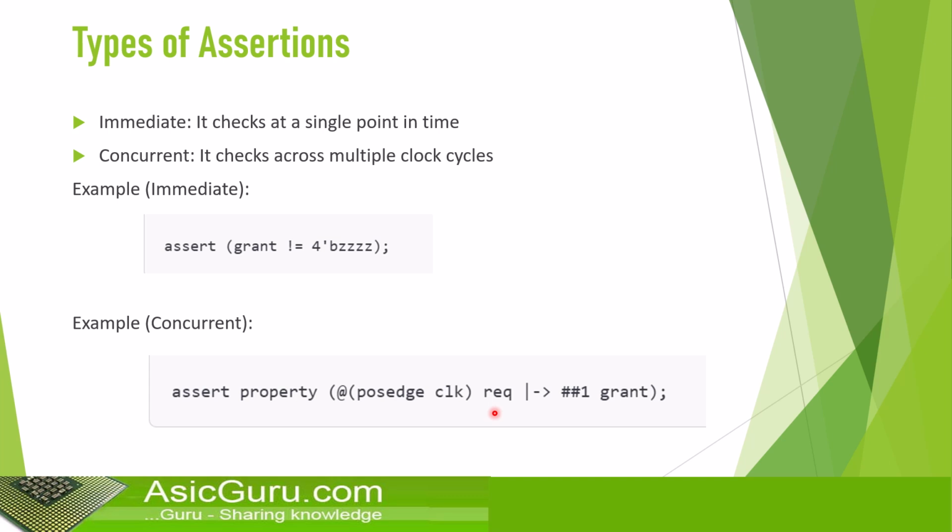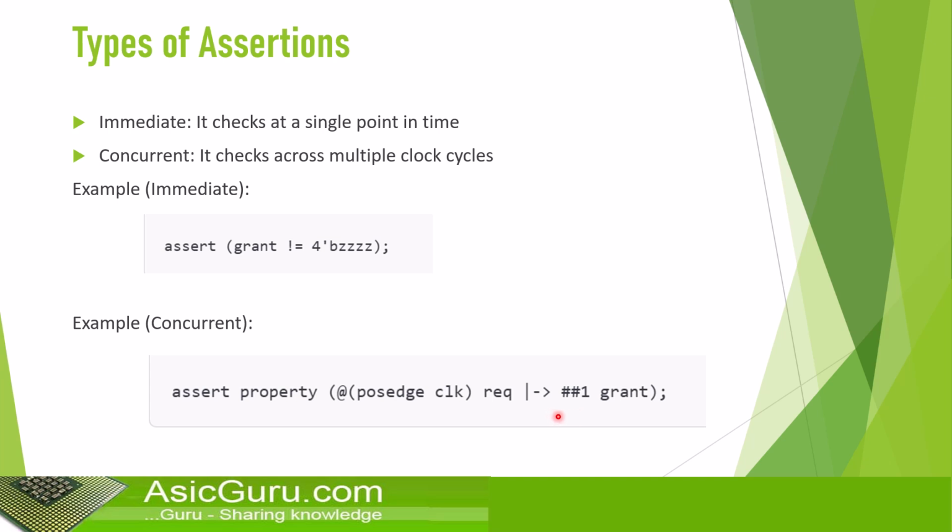If it is not true, then the rest of the assertion is not evaluated. Next we have this implication operator. What does it mean? This implication operator means that whatever we have written on the left side of the operator, if that is true, only then the right side must also be true after the specified delay.